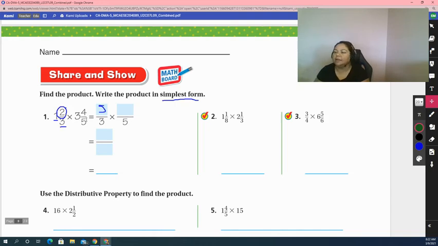After we multiply the whole number times the denominator, we will add the numerator. So 3 times 5 was 15, and now we're going to add 4. So 15 plus 4 equals 19.